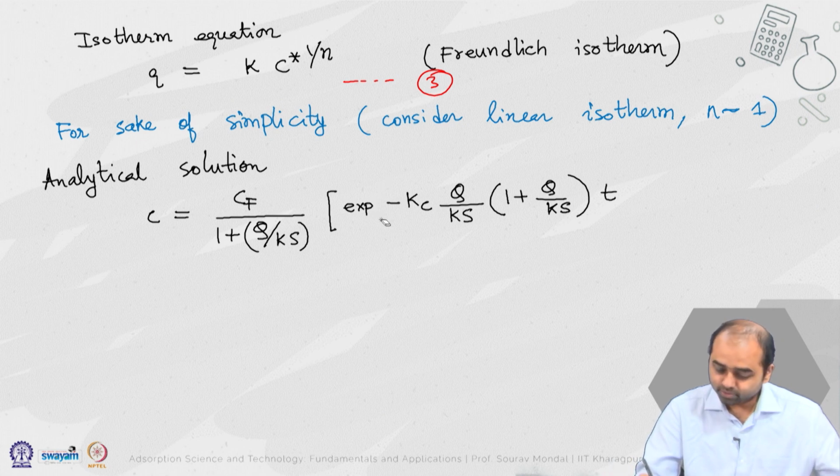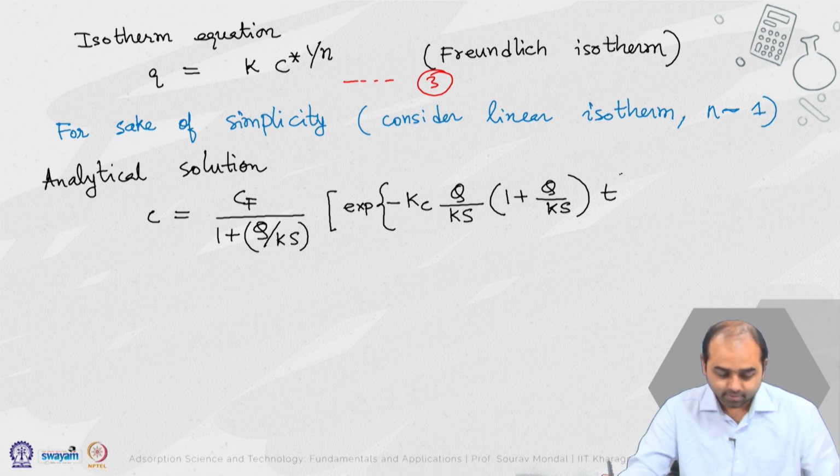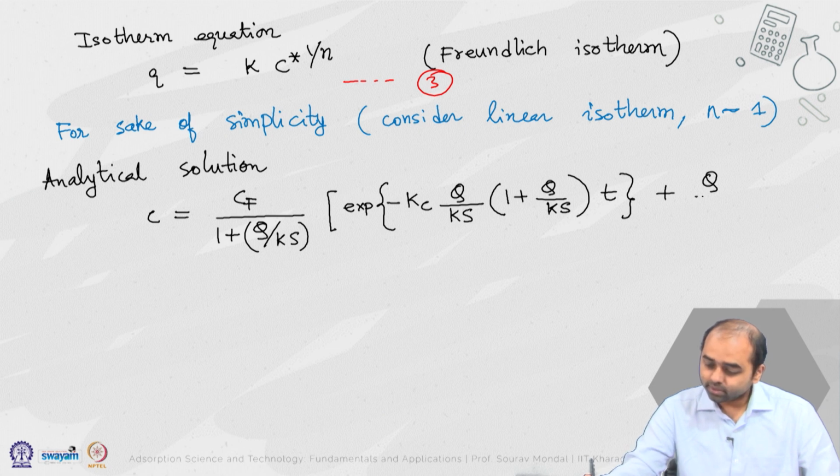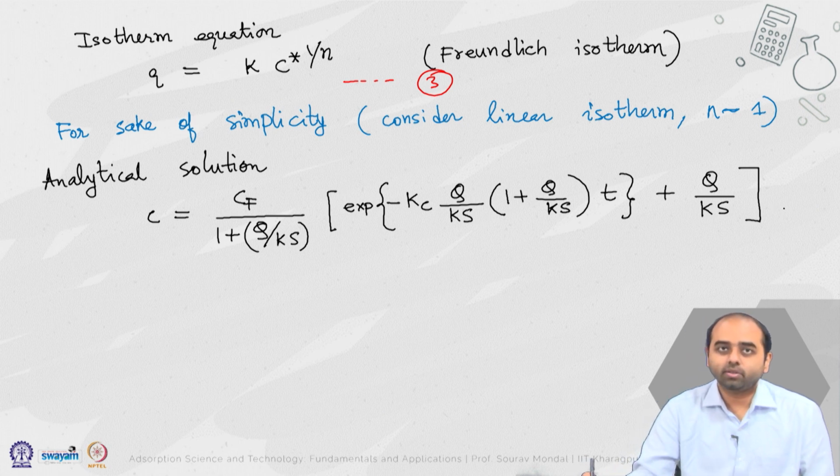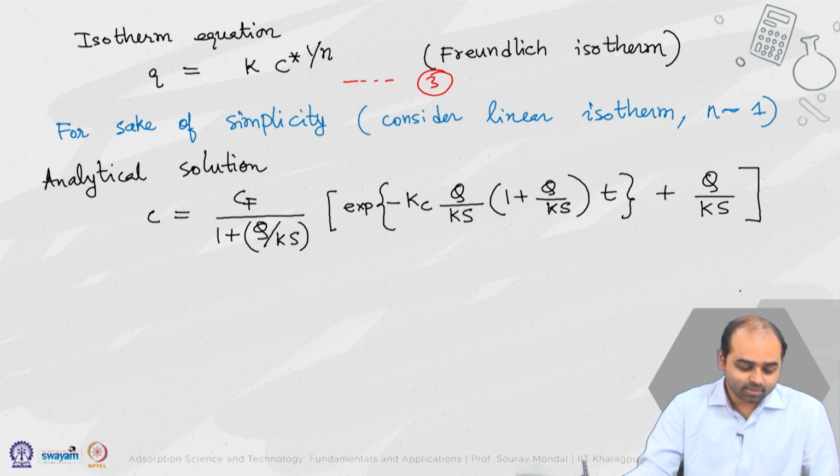So put this nicely inside the bracket, plus Q by Ks. So where K is of course the equilibrium isotherm constant, S is the mass of the adsorbent, and Q is the volume.